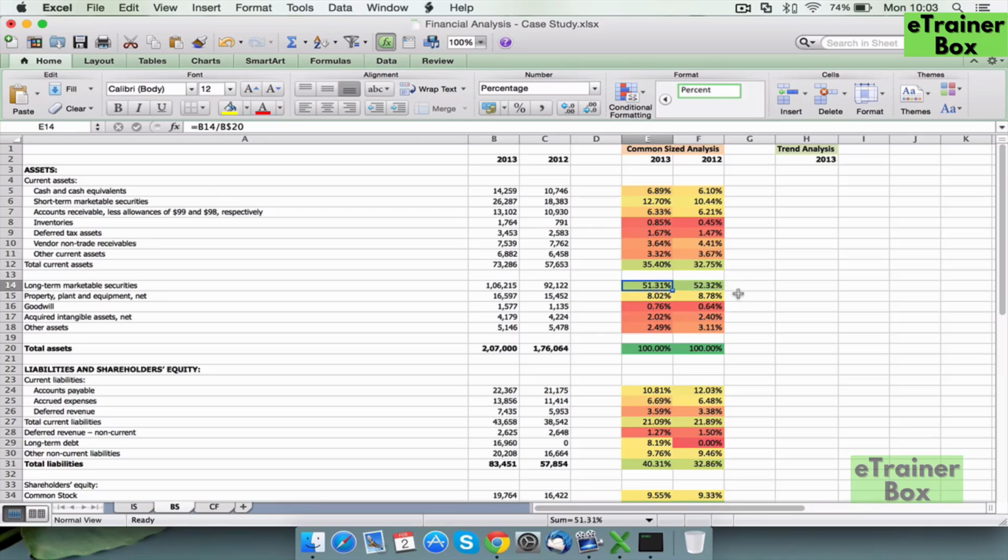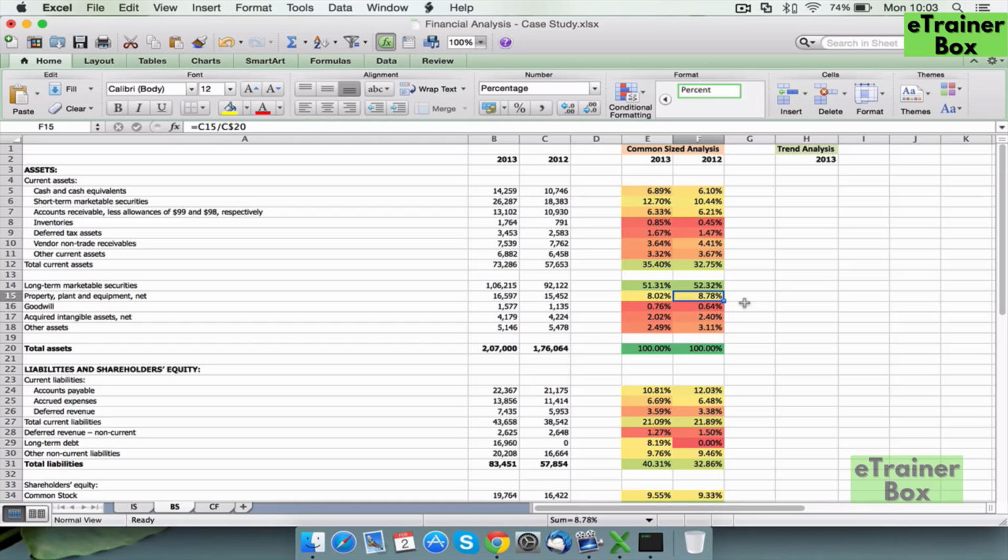So Apple Inc. has invested in some long-term securities, possibly in the open markets, maybe in the stock market. We need to go through the annual report in detail to understand what exactly the securities are. But 50% of the money is actually invested outside in long-term marketable securities. That's interesting. And the other portion of assets is primarily held in property, plant and equipment.